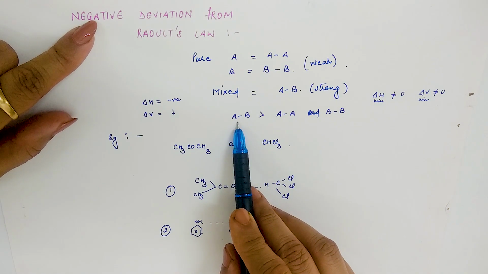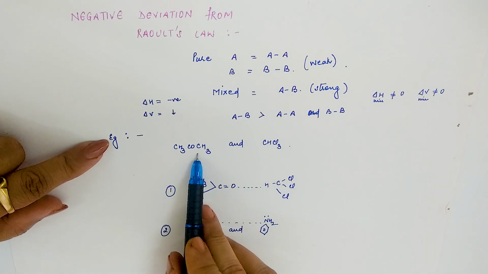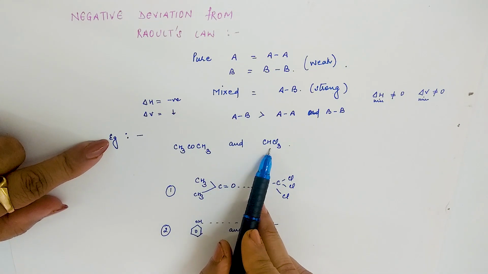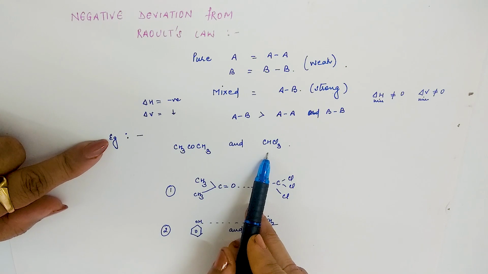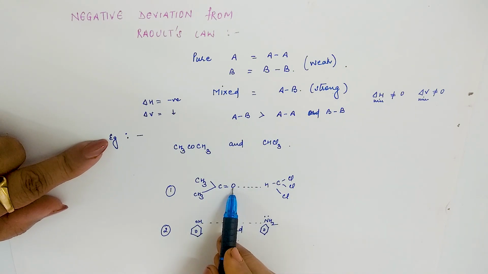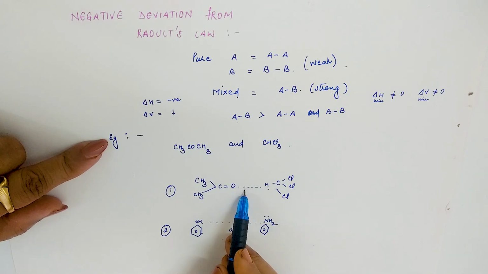Fine, children? Now, when we talk about an example of it, acetone is added to CHCl3, which is chloroform. Before this, they do not have any such hydrogen bonding, but when they are mixed together, this oxygen gets bonded to this hydrogen. Already covalently bonded, then they can attach by the hydrogen bond. This is a strong force, therefore it is showing which type of deviation?